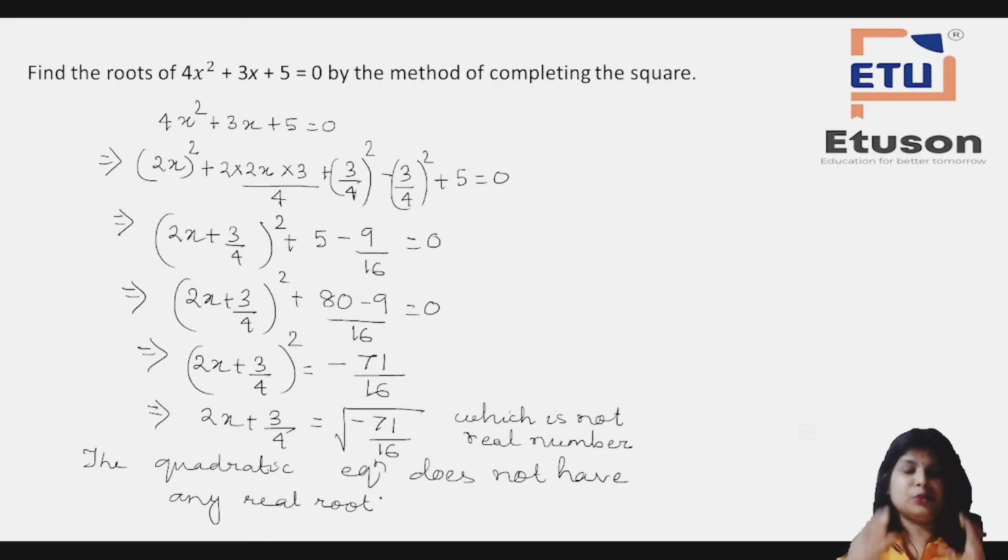Your target is to get either a square minus 2ab plus b square term, or a square plus 2ab plus b square term, then followed by the constant. Followed by the constant, because definitely a constant term will be there because you are adding something extra. If you add something extra, you need to subtract the same thing, because you cannot change the value of the expression. Okay children, it is very simple.